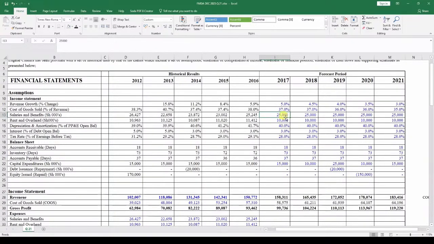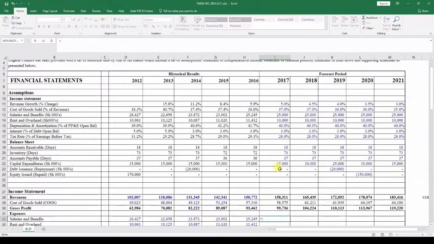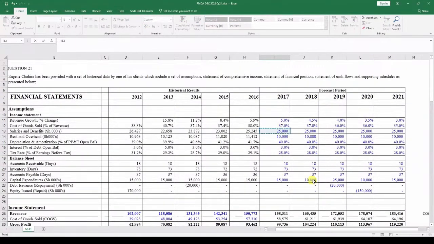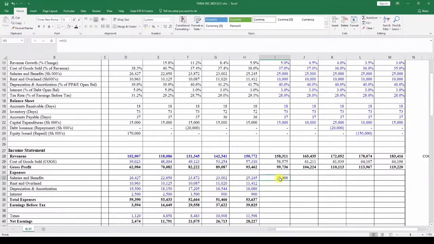Because these are considered to be fixed costs, we just pick them from above. And also because they're following each other, just drag it like that, and then fill it out like that.